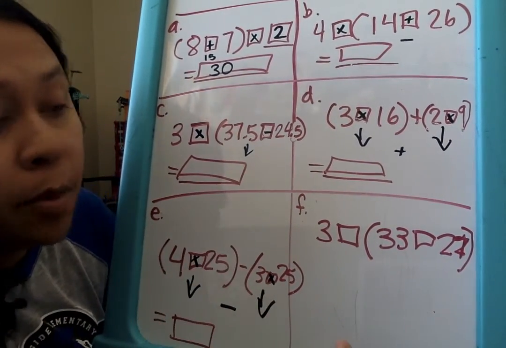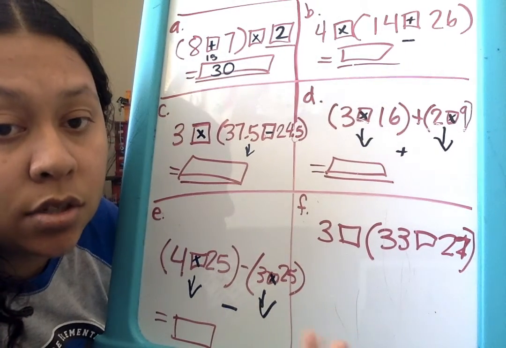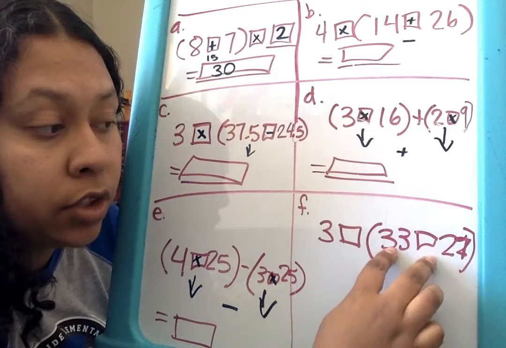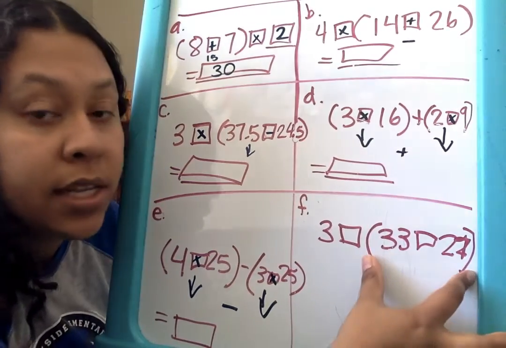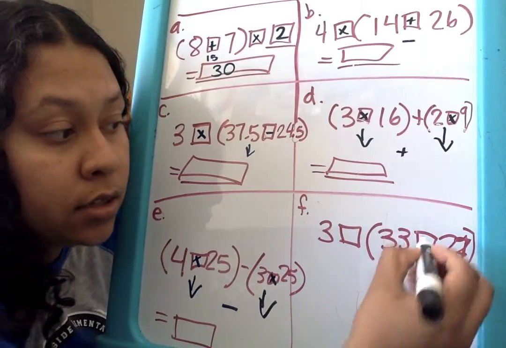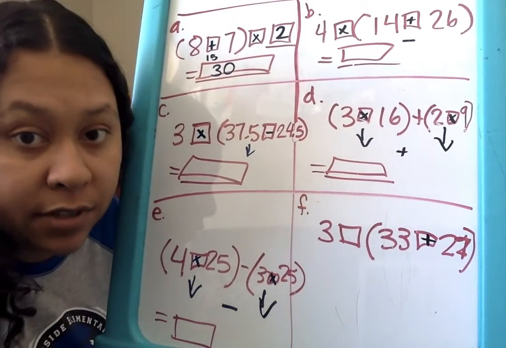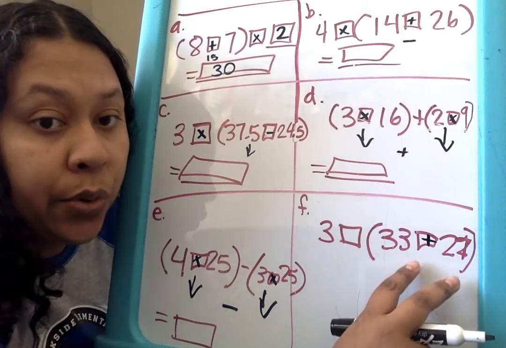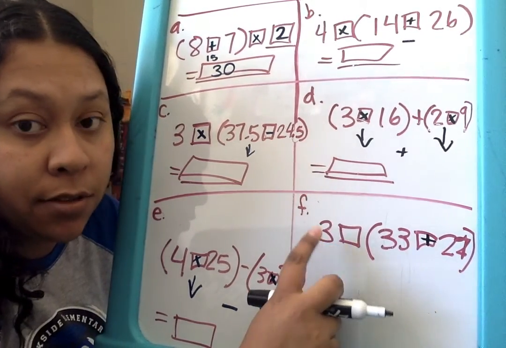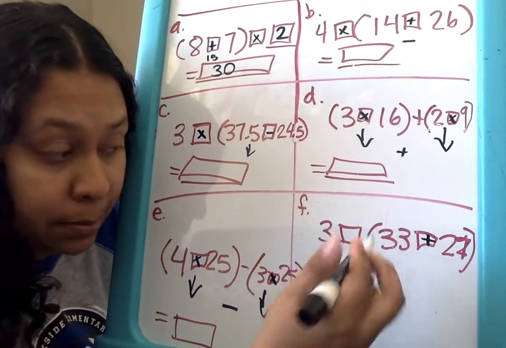So sum means the answer to addition. So we need the answer of the addition of 33 and 27, which is why this stays together, because we need the answer to this first. So we're going to add that first, and then you need to triple this. So we would need 3 times.